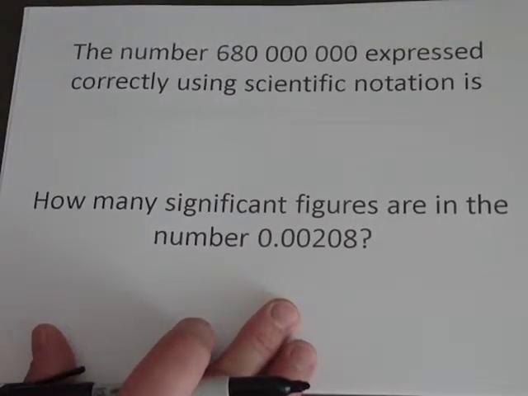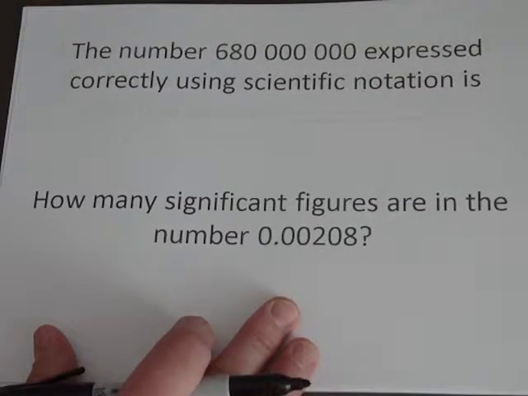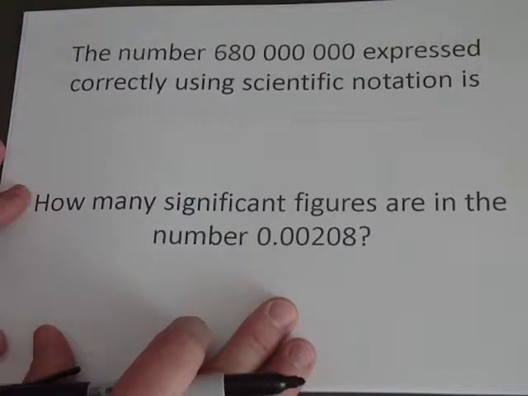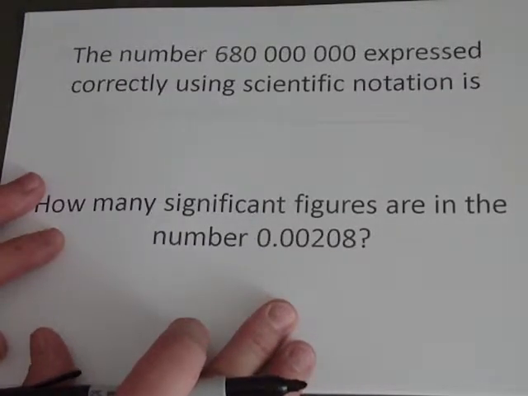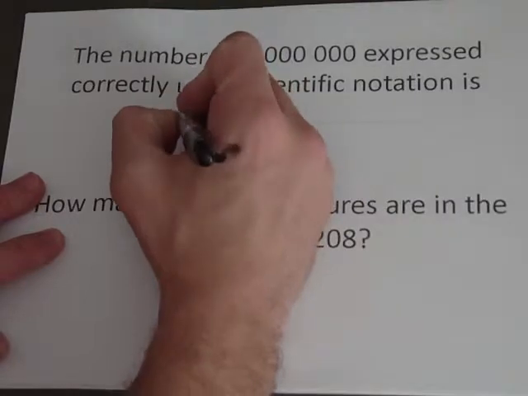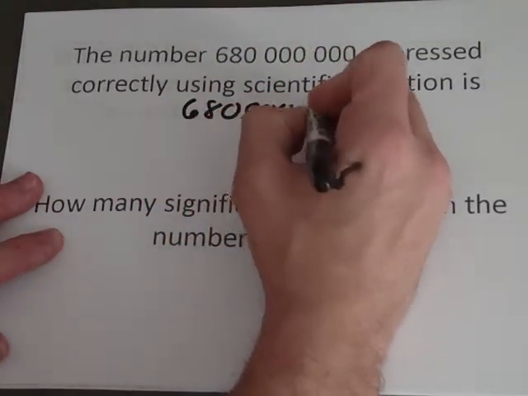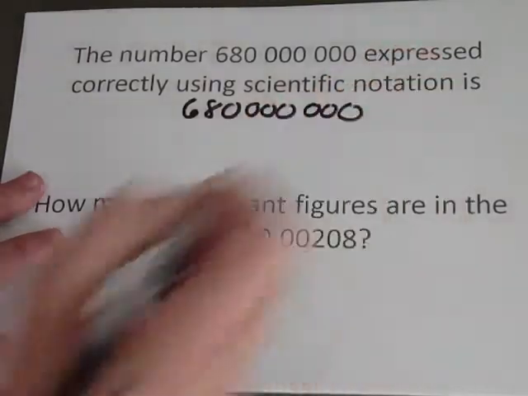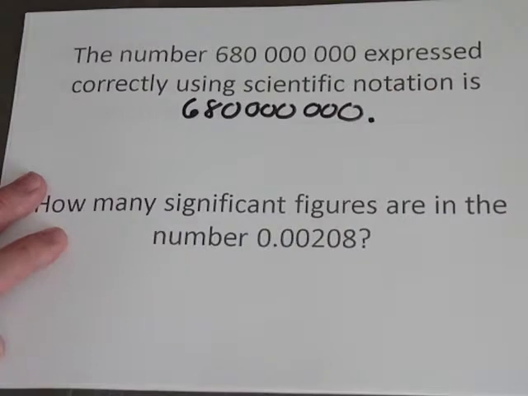So the first question we'll go through is dealing with scientific notation. It asks us to write this number in scientific notation. So what I would do is just rewrite the number, and then after writing that number down, I would write where that decimal is.